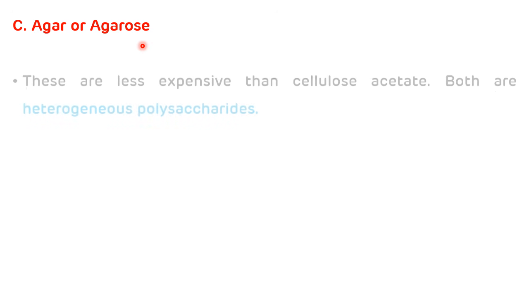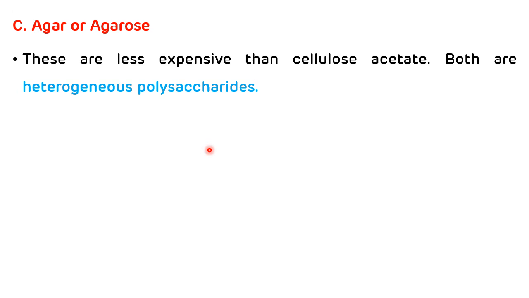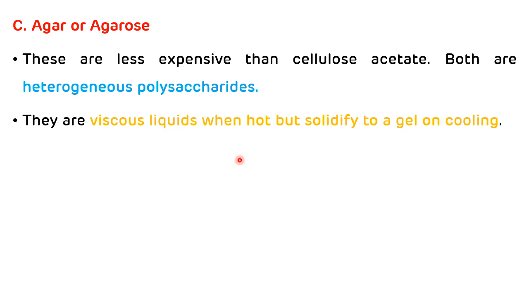Third support medium is agar or agarose. They are less expensive as compared to cellulose acetate, and both are heterogeneous polysaccharides. They are viscous liquids when hot and solidify to a gel on cooling.